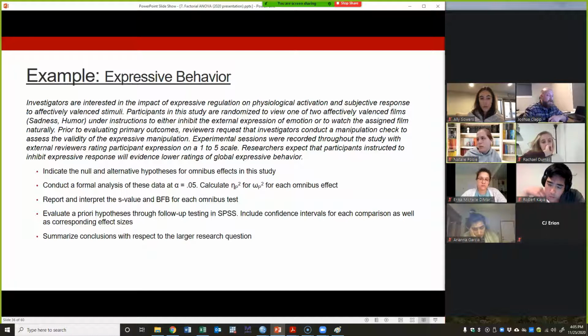So people are either watching a sad film or a humorous film. And we're telling people who are watching these films to either inhibit the expression of emotion or watch the film naturally, okay? Simple manipulation. People are randomized to either watch a happy or sad film, and we're just saying either to watch it naturally or shut down all expression of emotion in response to this, right?